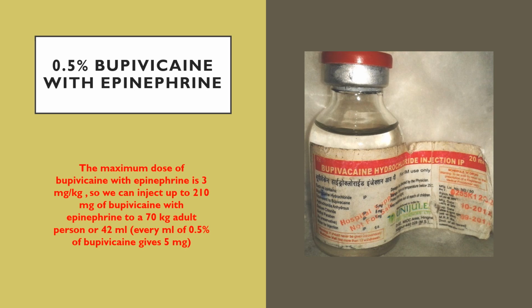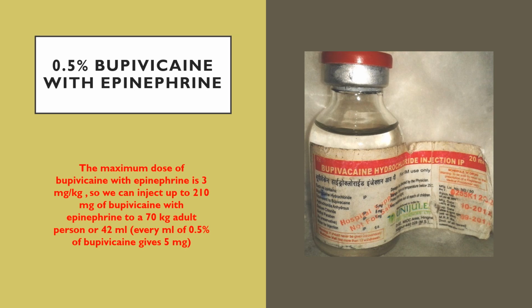The maximum dose of bupivacaine with epinephrine is 3 milligram per kilogram. So we can inject up to 210 milligram of bupivacaine to a 70 kilogram adult, because 70 times 3 is 210.